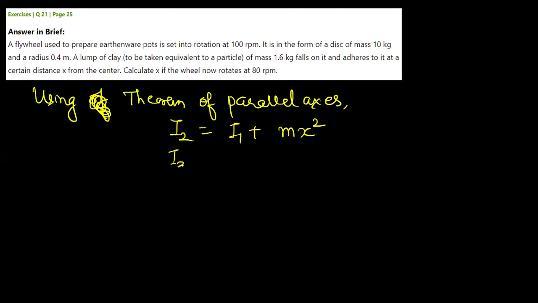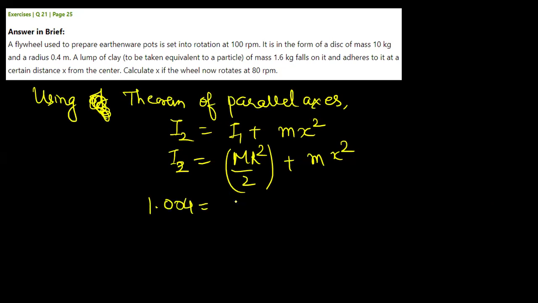So I2 equals I1, which is mr square by 2 and we know it, plus m into x square. I am supposed to find x square. So I2 value 1.004 equals mr square by 2, which on solving gives 0.8, plus the mass of the clay, 1.6, into x square.